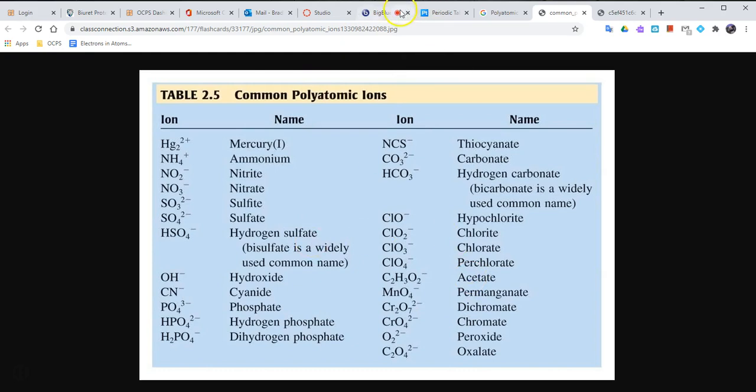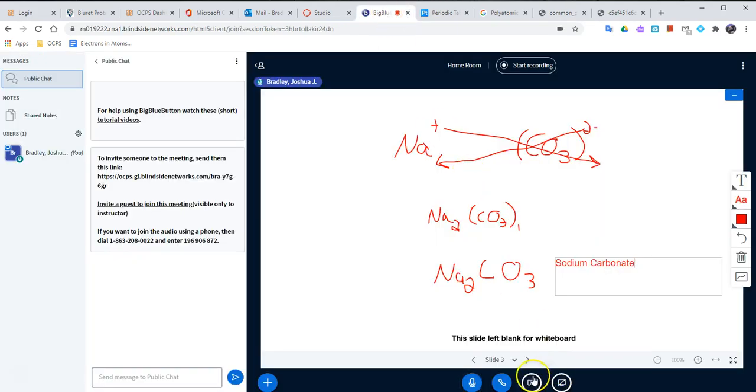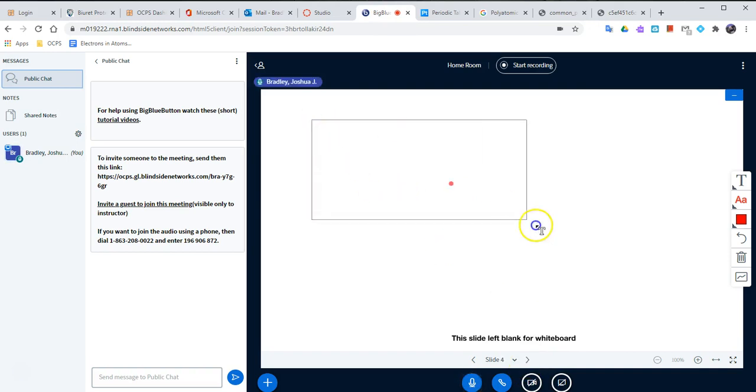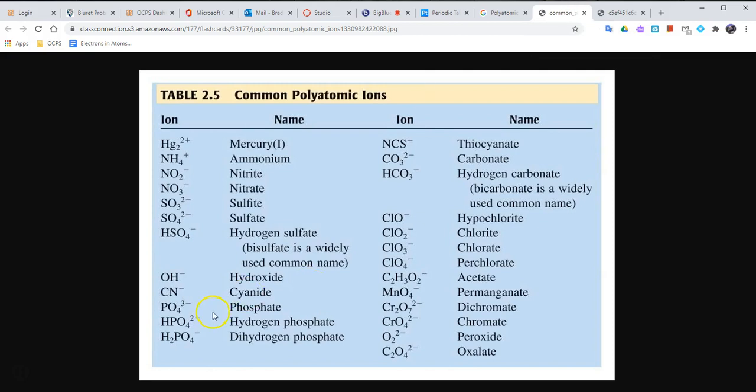Let's do one that's in your bones, and let's work with calcium phosphate. Here, we'll have calcium and phosphate. We're going to have to look back and see, all right, what is phosphate?